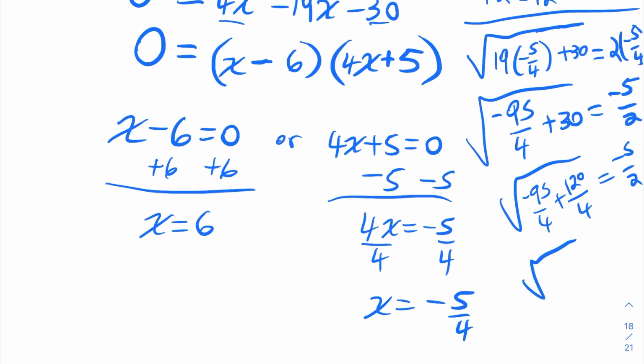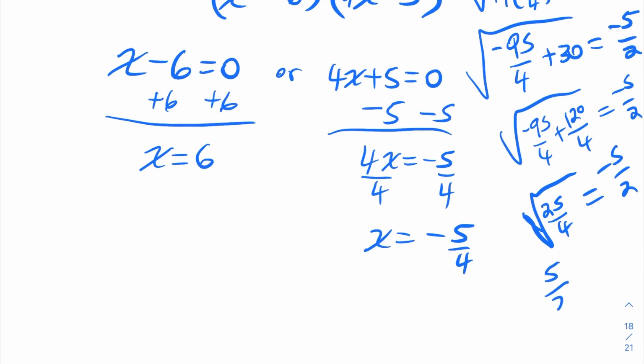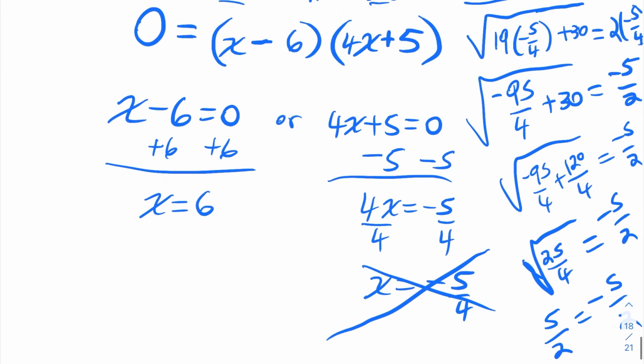So I get that this is the square root of 25 over 4. And we're saying that's equal to negative 5 over 2. Well, hold on. 5 over 2 is not equal to negative 5 over 2. So even though I got both of these answers, this one doesn't work. The only one that works is 6, so 6 is the only solution.